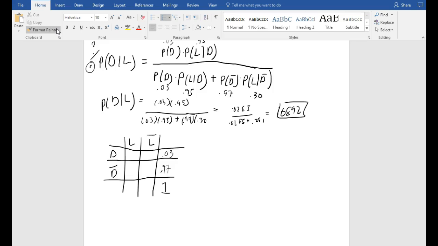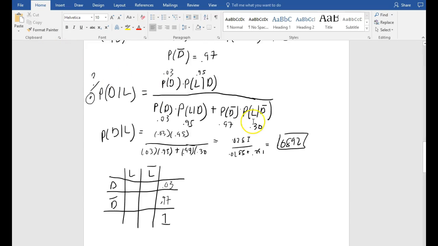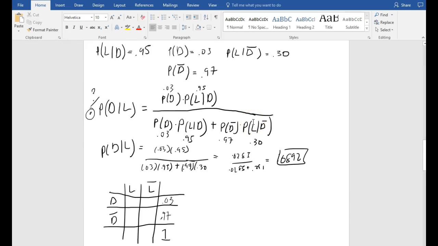We have conditional probabilities given to us in this problem, so we are going to use those to fill in the table and solve for our intersections.